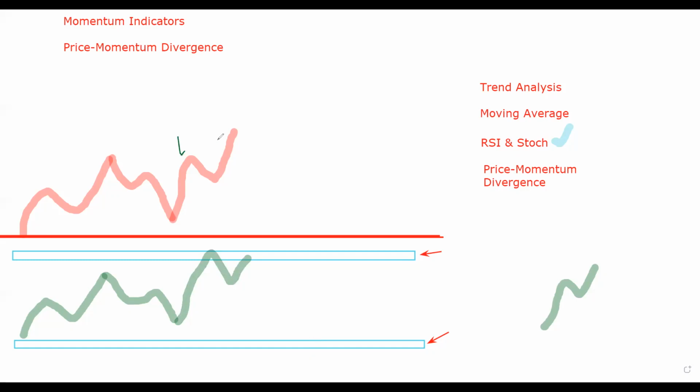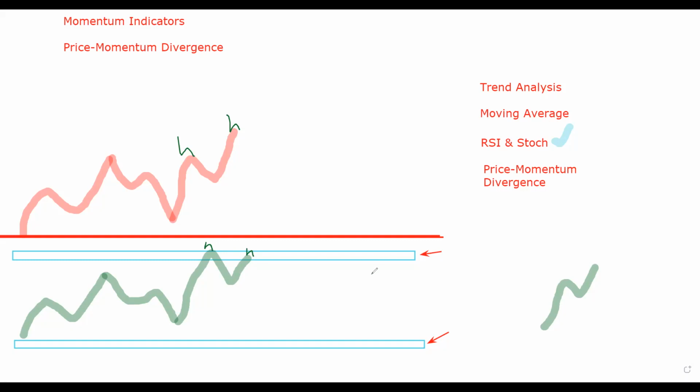This is the high here. This is the high here. The last two highs, they are higher highs. But instead of the momentum also giving us the higher high like this, it gives us a lower high. So this is the high and this is the high. These are the last two highs, the two most recent highs. But in this case, this second high is lower than this first high.